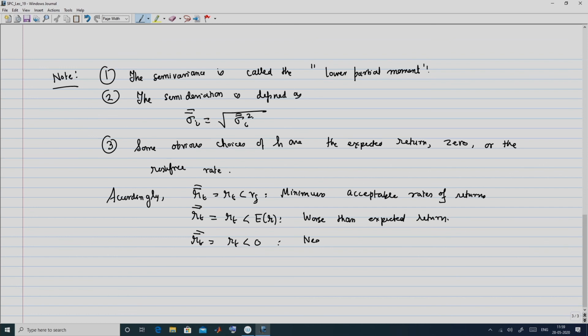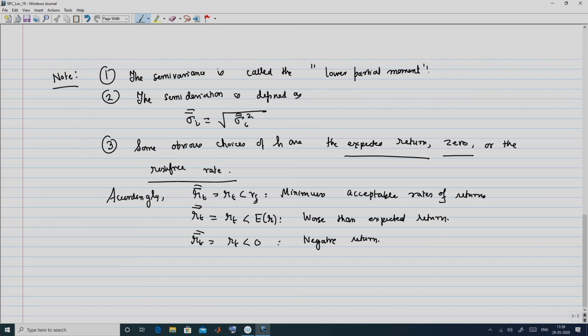So, this is negative return. So, this corresponds to falling below the risk free rate, falling below the expected return, and falling below 0 or earning negative return respectively for the three cases.